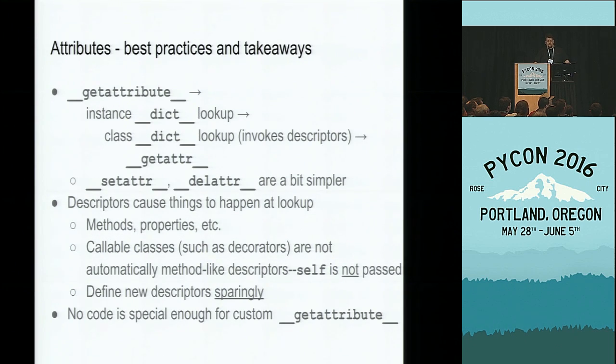So we have to remember there's this whole onion whenever we look up or do anything else with an attribute. We'd go through __getattribute__, we'd go through all the dicts, some of them invoking descriptors, some of them not. Finally __getattr__.